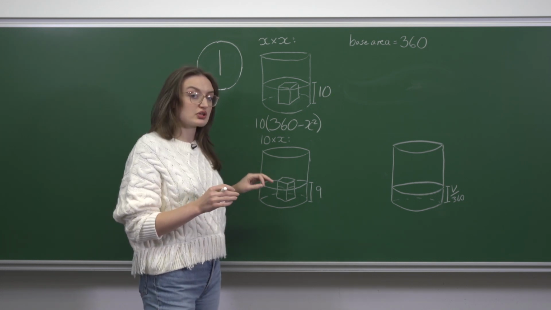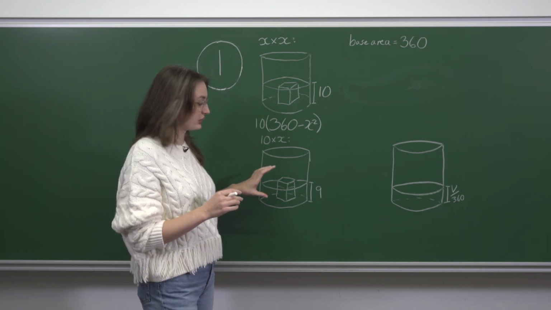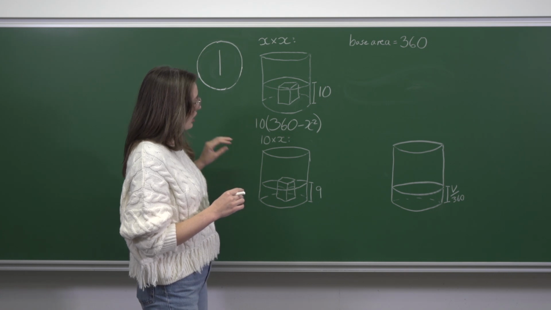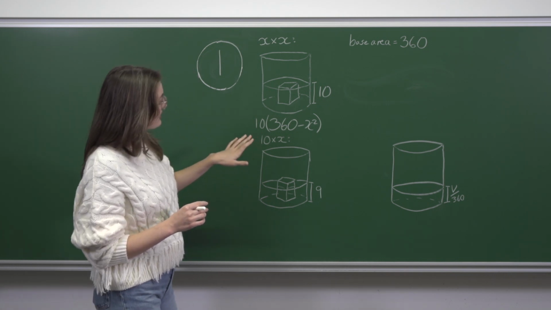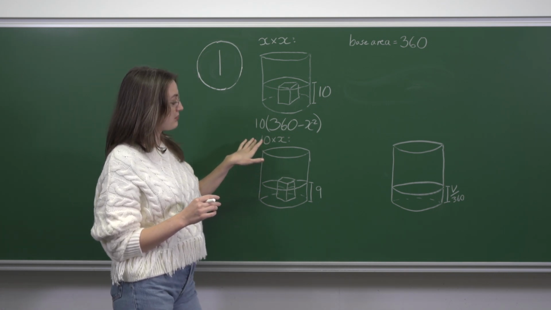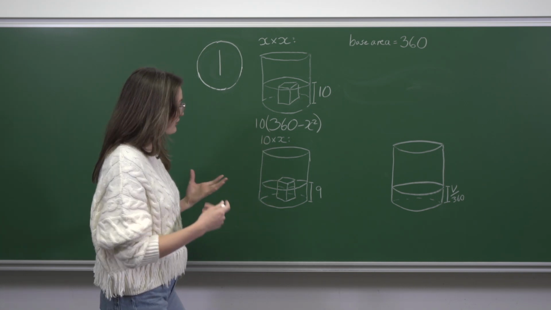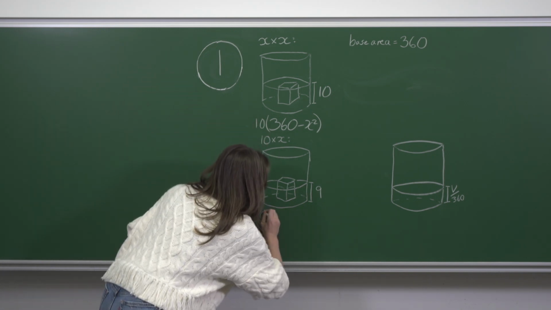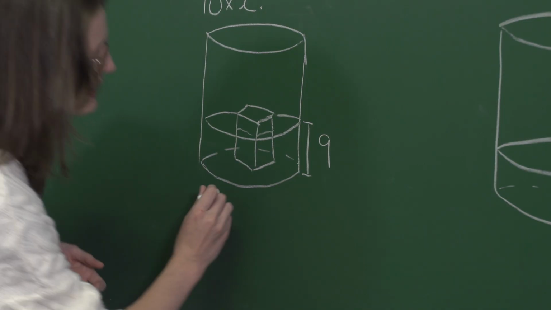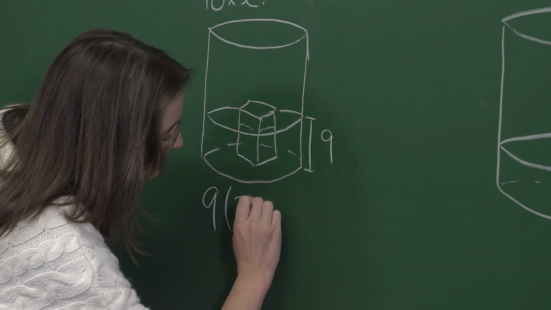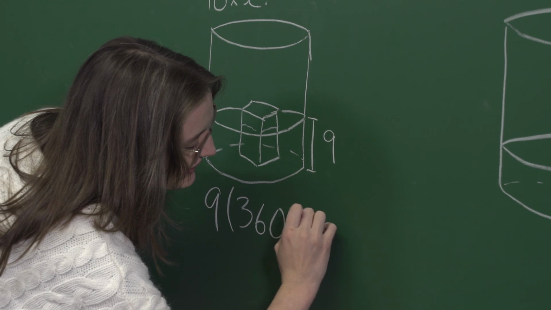So there must be some of the cuboid sticking out of the water. Okay, so in this case, the amount of the base covered by the cuboid is 10x, meaning the volume is 9, the depth of the water, times 360 minus 10x.